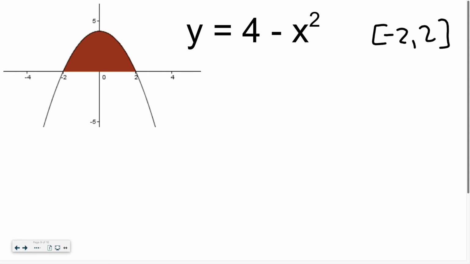All right. So let's find delta x. Delta x, we have to take b minus a over n, so delta x is 4 over n.